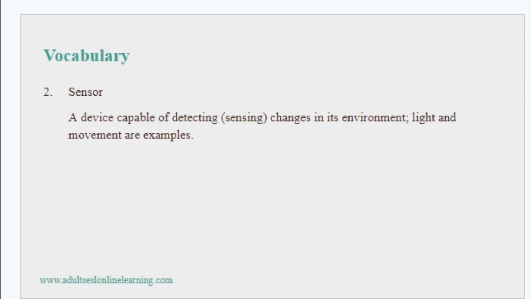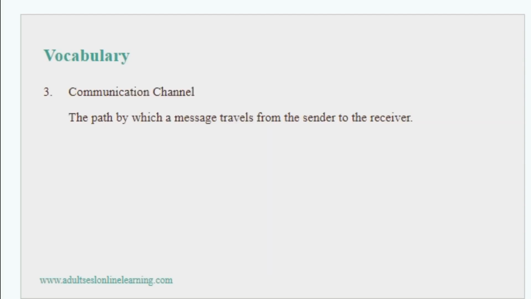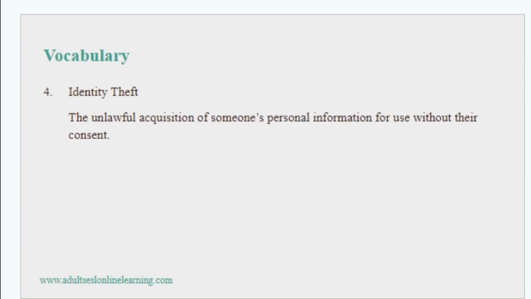Light and movement are examples. Number 3, communication channel. The path by which a message travels from the sender to the receiver. 4, identity theft. The unlawful acquisition of someone's personal information for use without their consent.